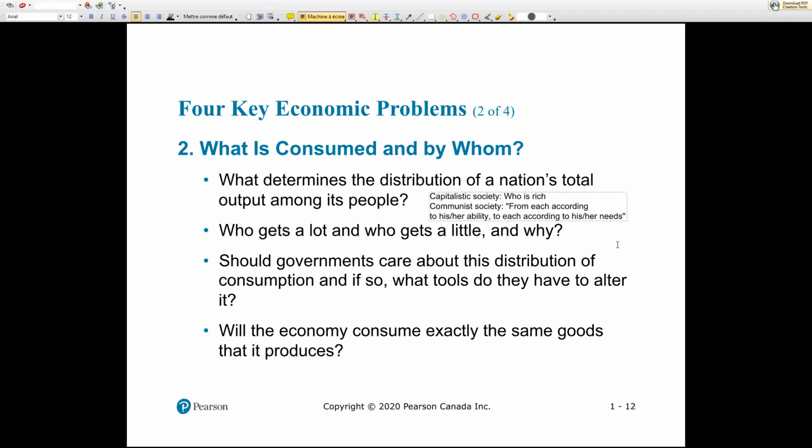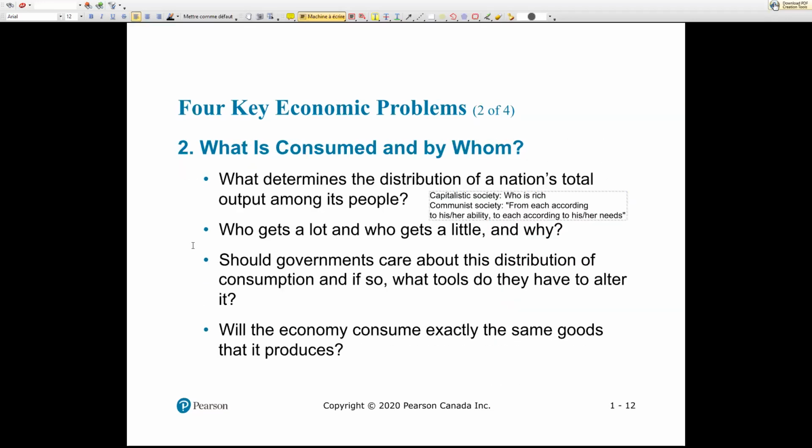But in practice, maybe in the USSR or North Korea, that's not exactly how it happens. But that's how it's supposed to happen according to the big plan. I'm not saying that's the truth. All right, but again, we are not focused too much on communist societies because there are only a few of them nowadays.